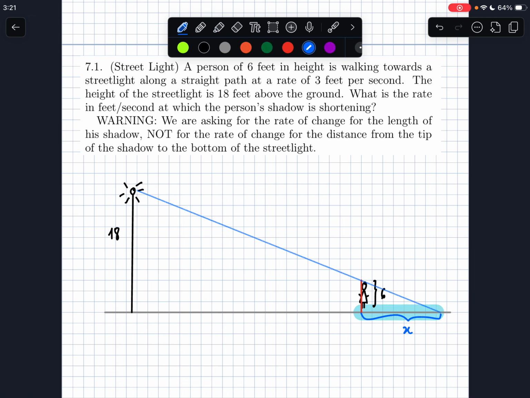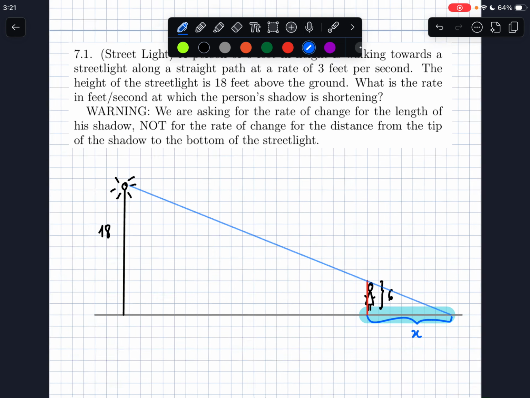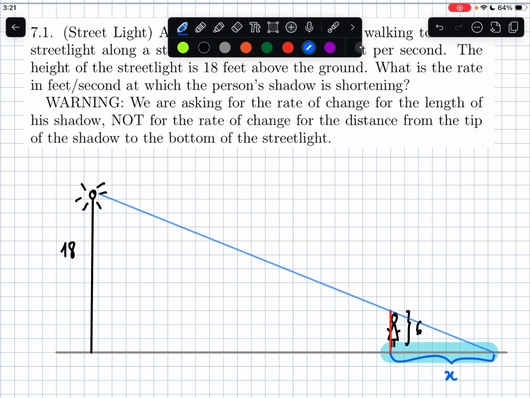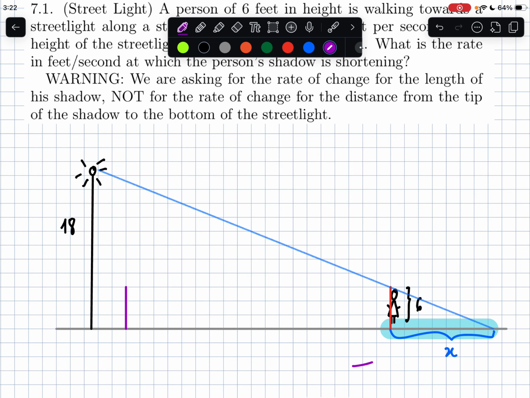The height of the street light is 18 feet above the ground. What is the rate, in feet per second, at which the person's shadow is shortening? Because this person is walking toward the street light. So for example, at one point they are here, walking toward it.